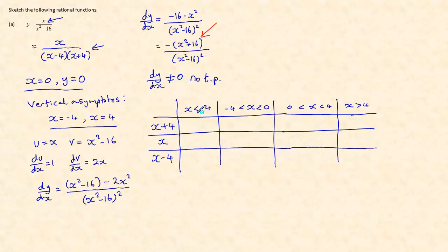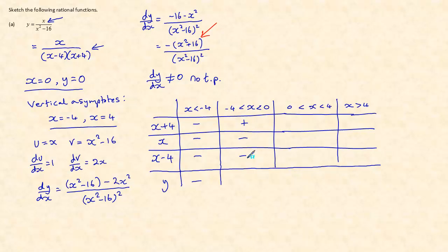So if we're less than negative 4, all of them are going to be negative, and that means that y will be negative. We've got a negative divided by a negative times a negative. Overall, that's going to be negative. As soon as x is more than negative 4, this one becomes positive.